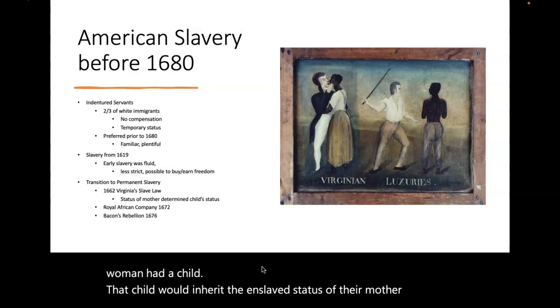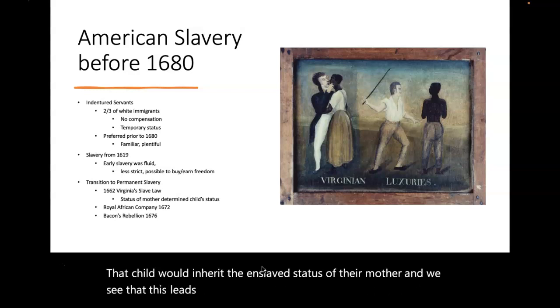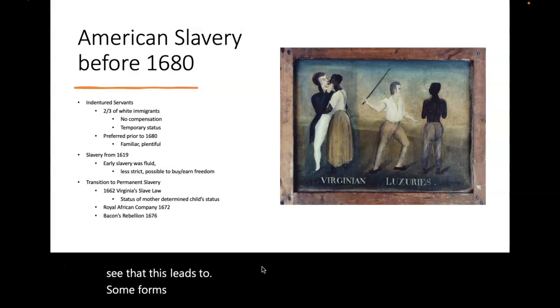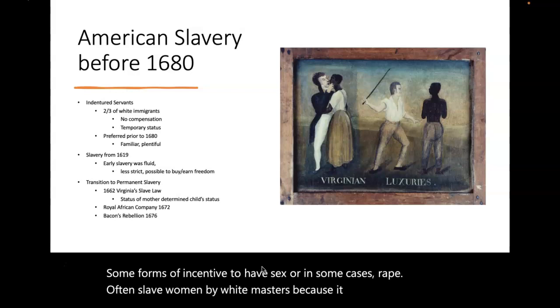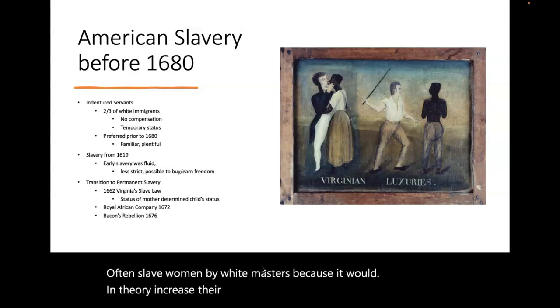And we see that this leads to some forms of incentive to have sex with, or in some cases rape, slave women by white masters, because it would, in theory, increase their quote unquote property. And at this time, slaves were considered to be property.